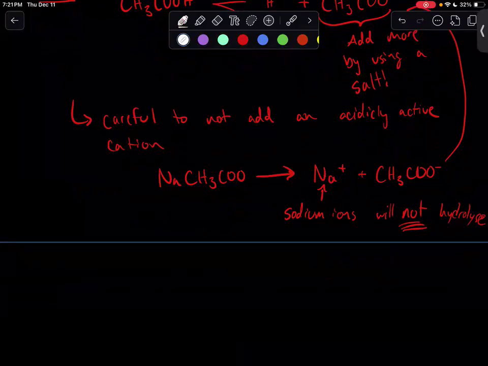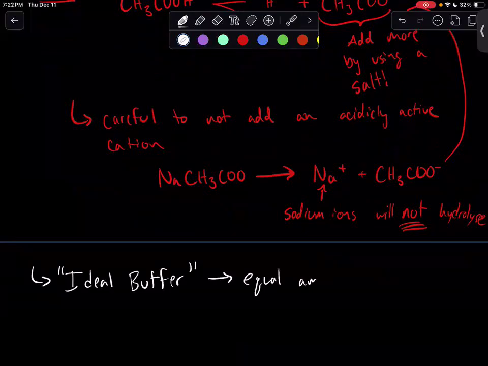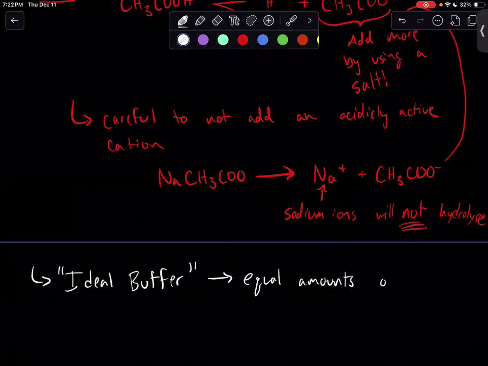So how do we make the perfect buffer? Well, an ideal buffer, which might be a word that we've heard before, will have equal amounts of both acid and conjugate base.